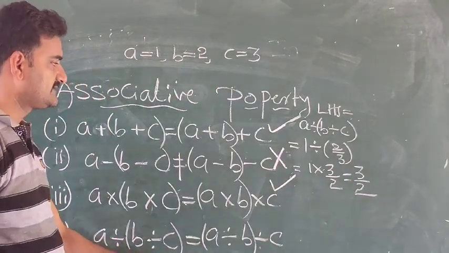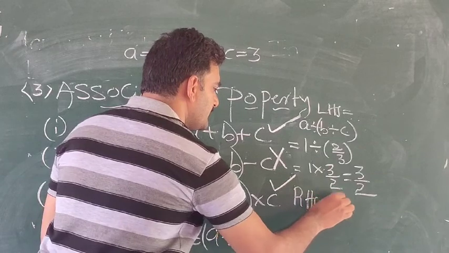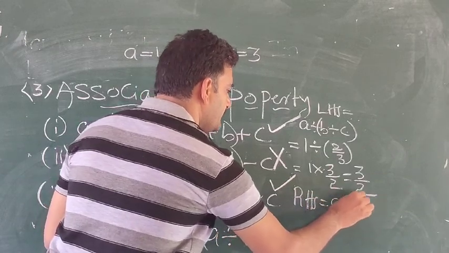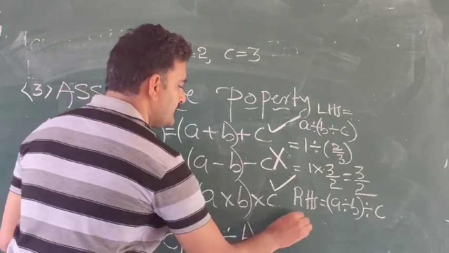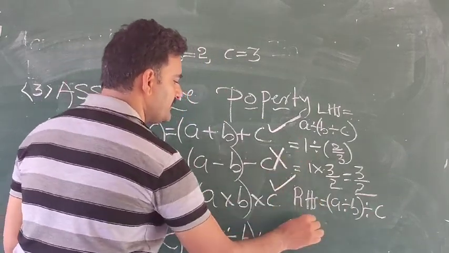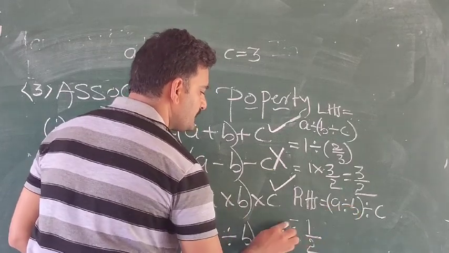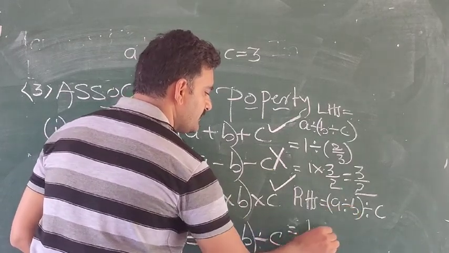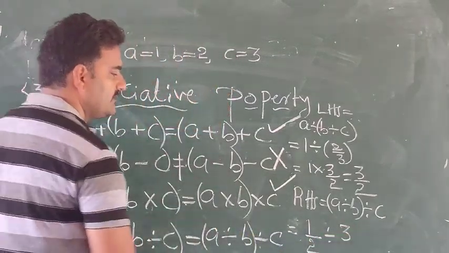Now I will check this. RHS. A divided by B is one bunch, and divided by C. Now A means 1, divided by B means 2, okay, this divided by C means 3.